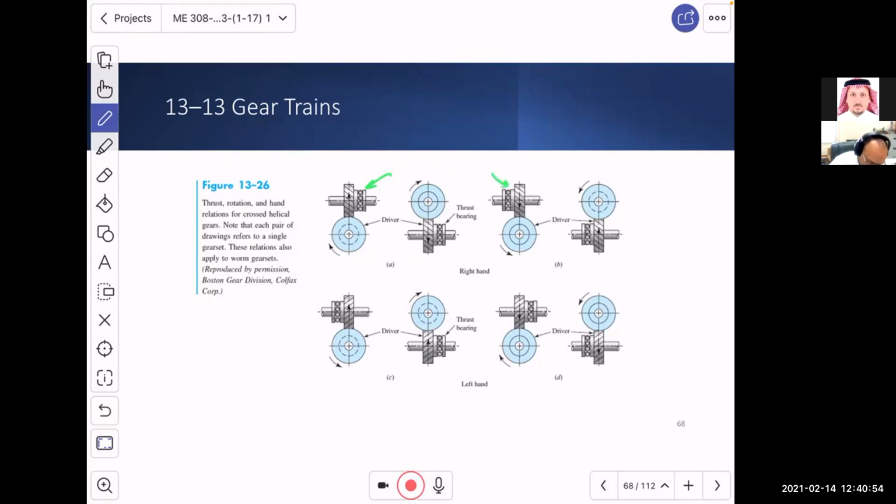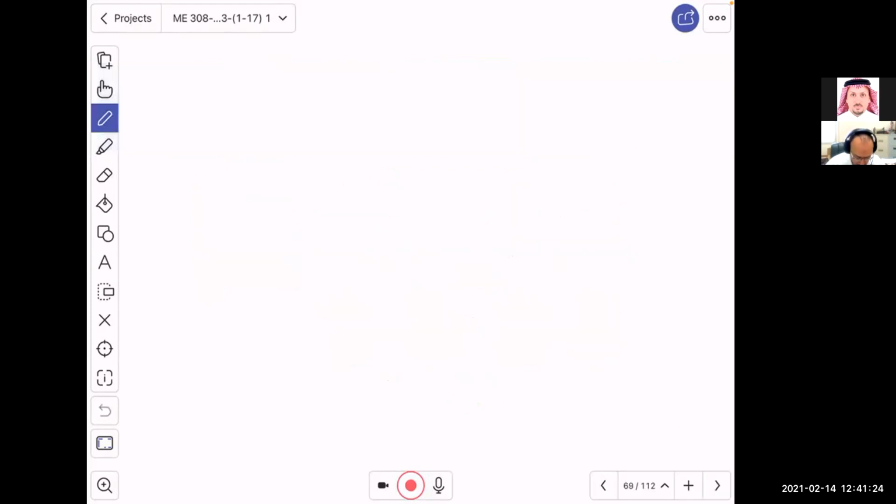So in here, you see the bearing is changing according to the direction of the thrust generated on the shaft over here. And as you see, this is now telling you the relation: when this one rotates in this direction, this one will go in this direction. This is called right-handed, and this one is called left-handed. Okay, this is just to show you the relation while the gears are rotating.